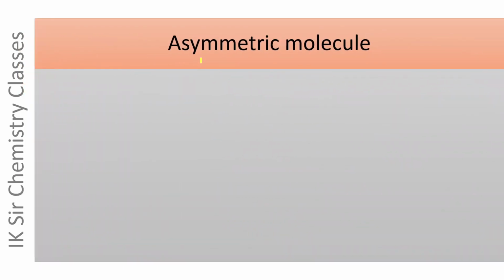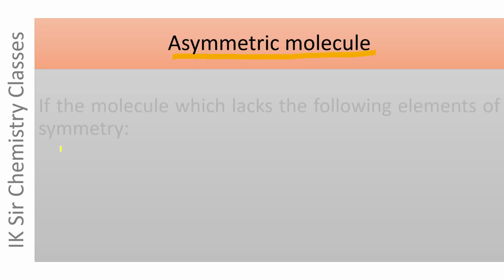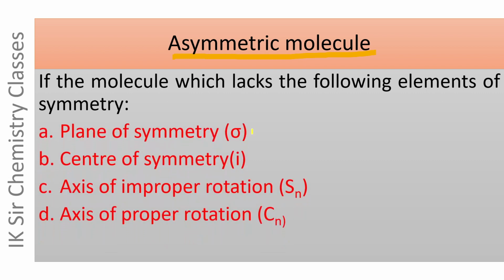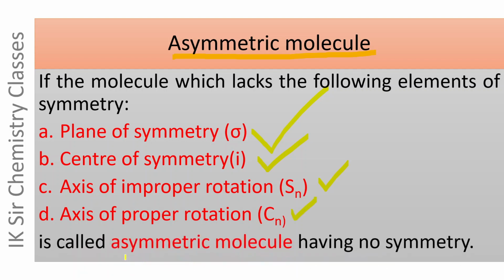Now, there is another term, asymmetric molecule. The molecule which lacks the following elements of symmetry: plane of symmetry, center of symmetry, axis of improper rotation and axis of proper rotation, is called an asymmetric molecule.